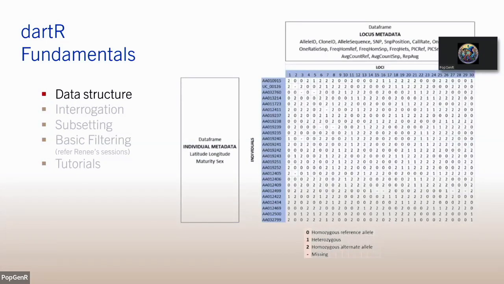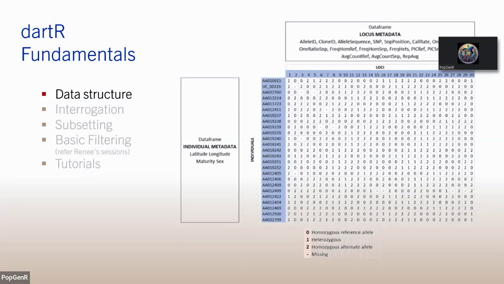So associated with this data set, you've got two data frames in dartR, and they're linked inextricably to the data in a genlight object. So you've got your locus metadata. They're all the attributes of the locus that's being scored, and DArT provides you with a whole suite of attributes automatically in their report.